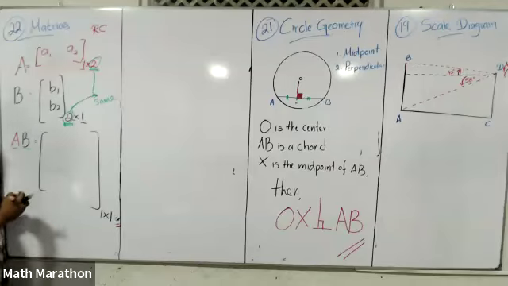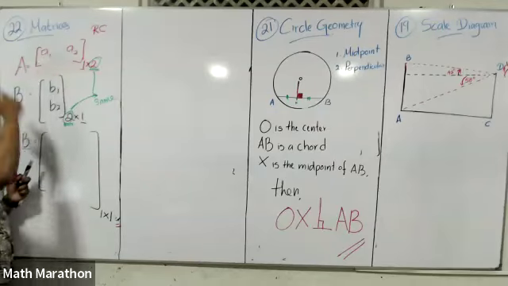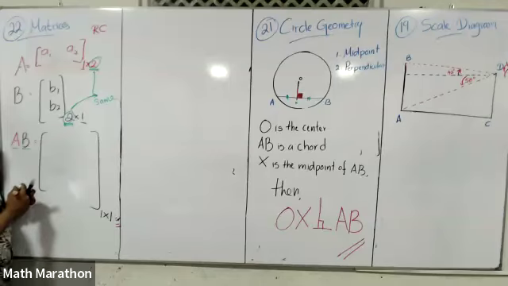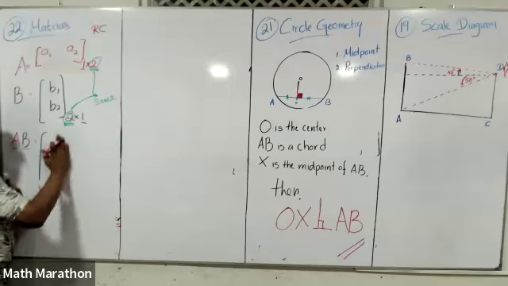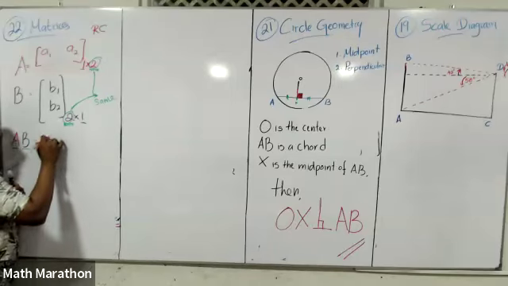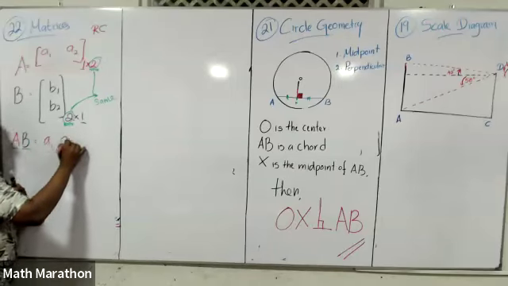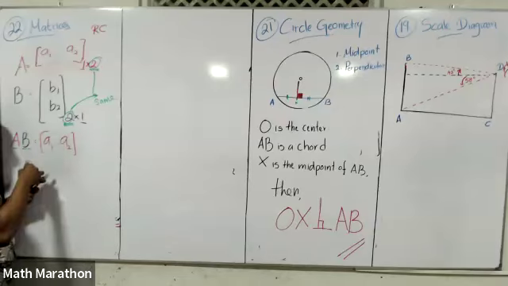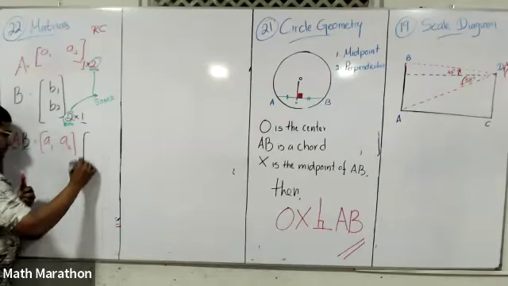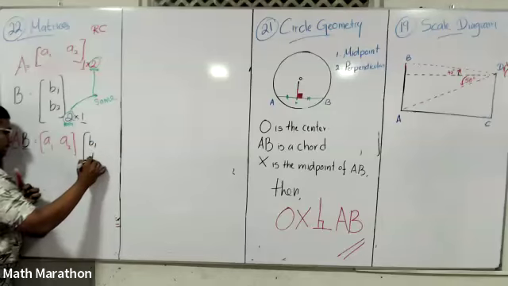The first one, A into B. So I'll write it again and give the answer. A1, A2 multiplied by B1, B2.